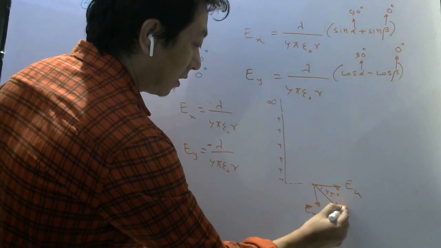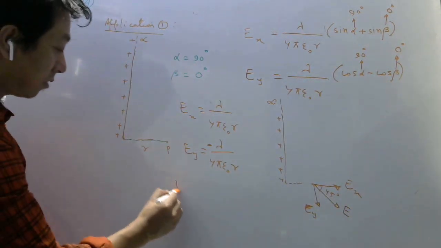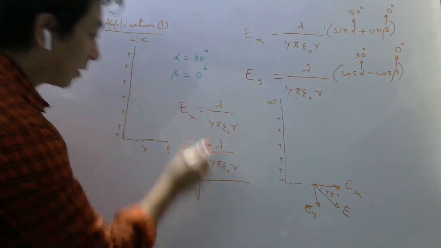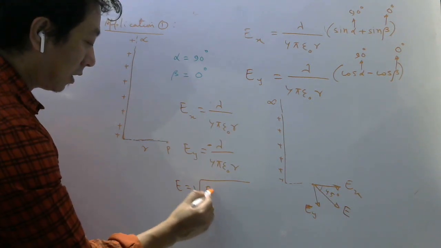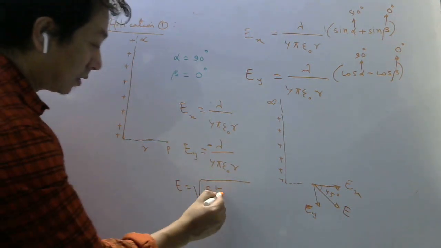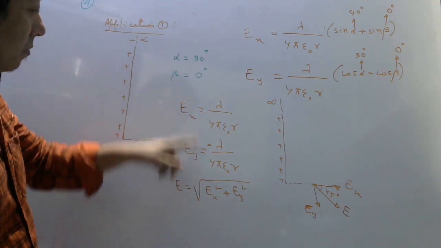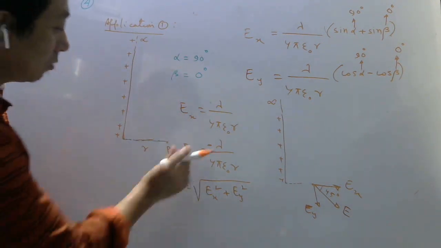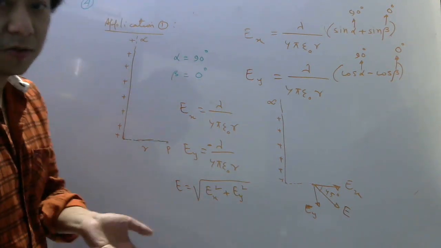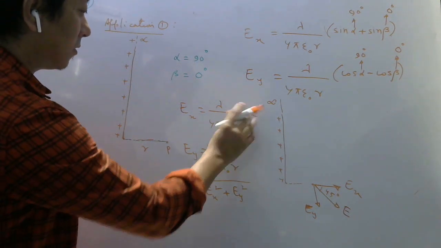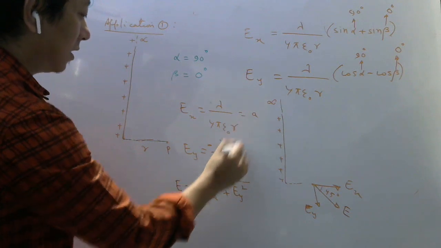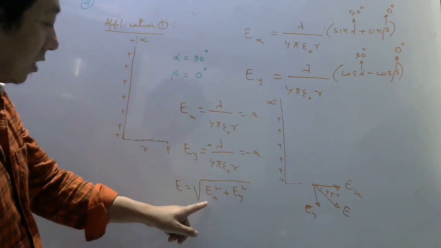This is the total. So I just told you how to find the total electric field: root over Ex square plus Ey square. But you know both are the same. The minus sign is there, but when you put this minus here, the square will be plus only. So if this is a, let's say, and this is minus a, if you substitute here, what will you get?